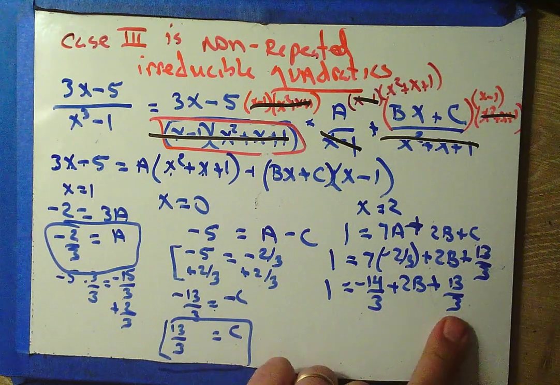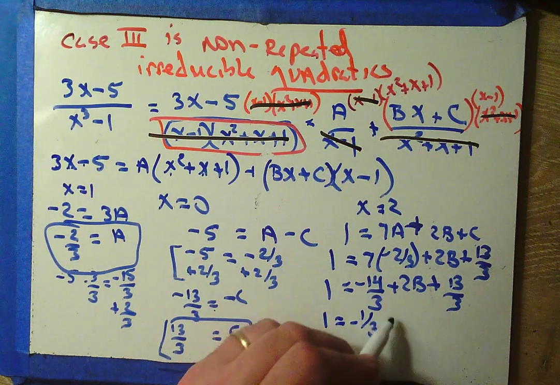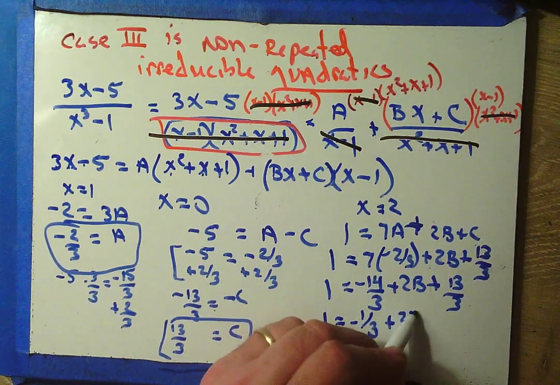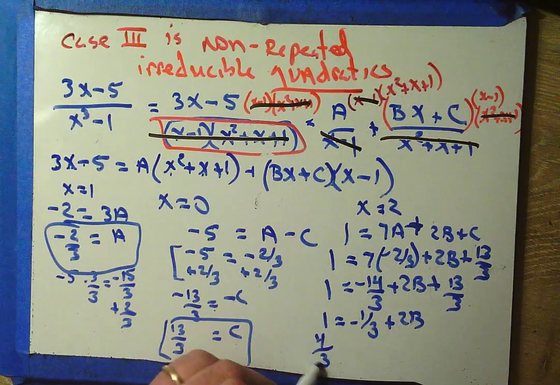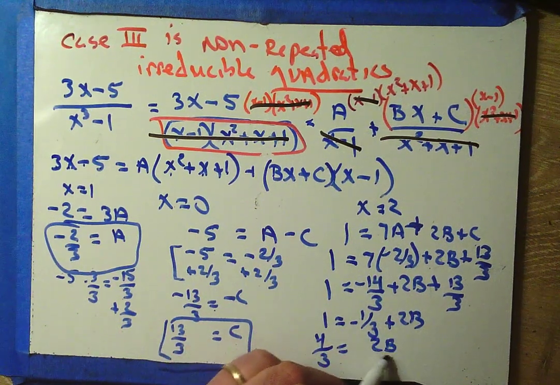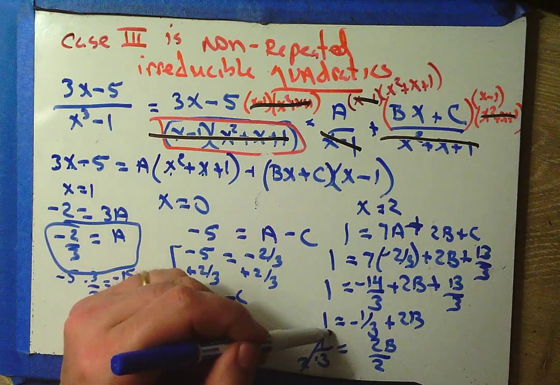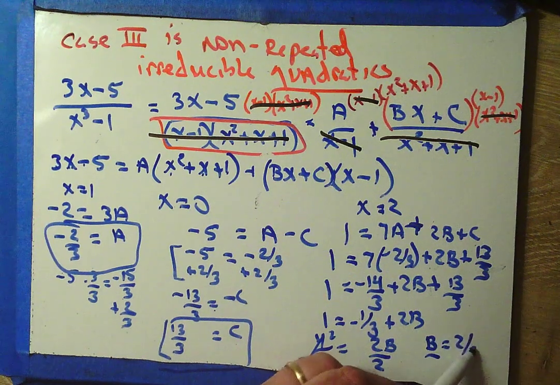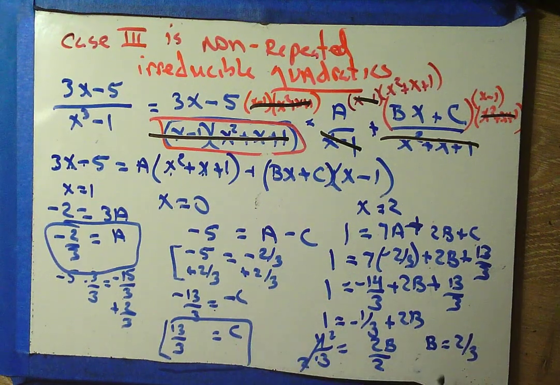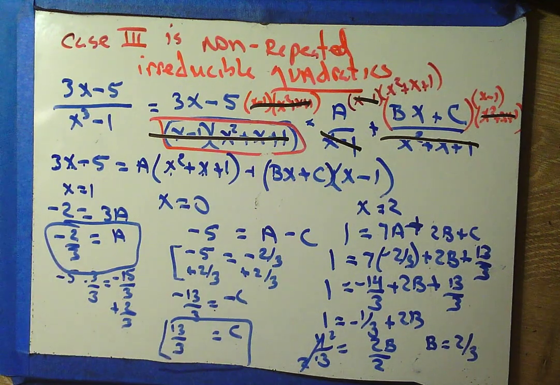Minus 14/3 plus 13/3 is negative 1/3 plus 2b. And so we'll add 1/3 to both sides and we'll get 4/3 equals 2b. But we want to divide both sides by 2, and we can cancel a 2 here. And so we know that b equals 2/3. So b is 2/3, a is negative 2/3, and c is 13/3.